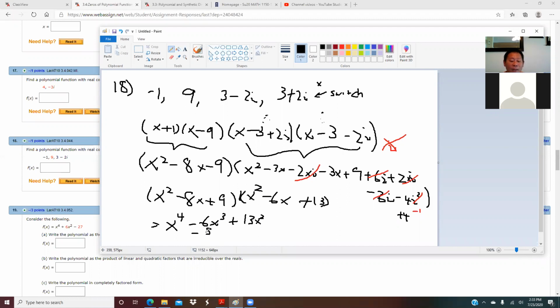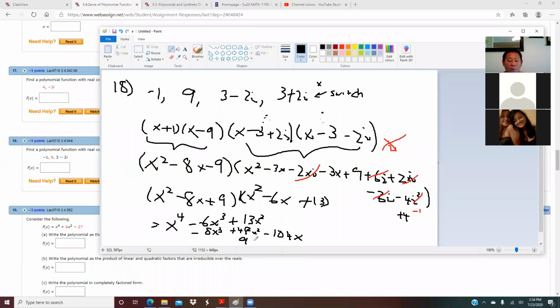So I'm going to put it right here so it's easy for us to read after that, because I gather all the x cubed on one side. And then this negative times negative is +48x squared. And then -8x times positive 13, this is negative, I think it's 104x. And then you do the same thing for the 9.